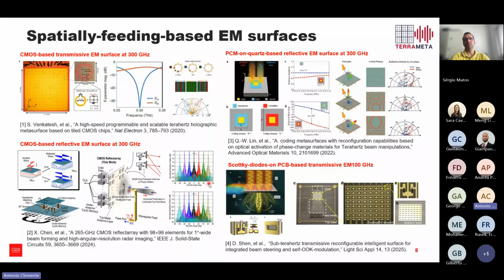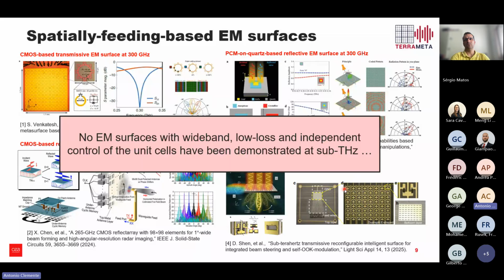And the same for the Schottky diodes: as you can see here, you have only one bias line for each column, so you cannot independently control the phase of each unit cell. So the phase control is limited. Today there are some demonstrations of the technology, but you cannot have full control of the reconfigurability of the surfaces.